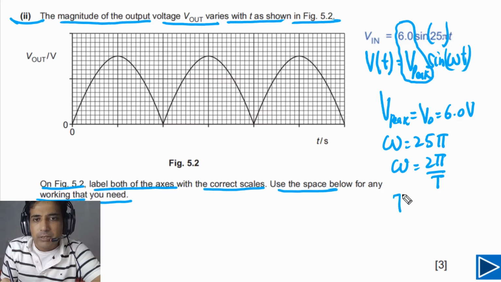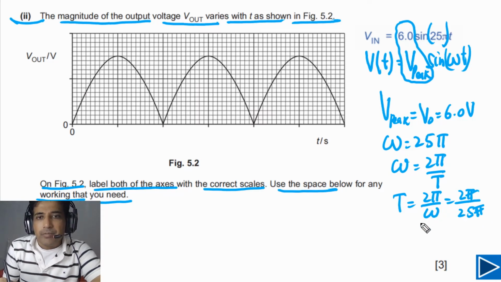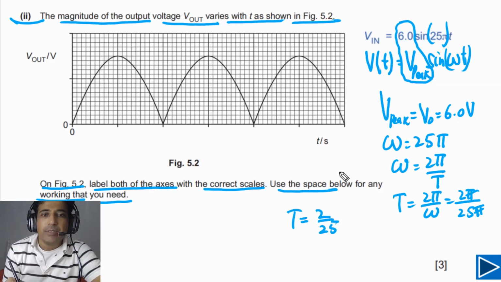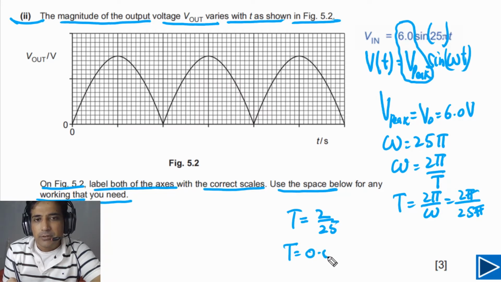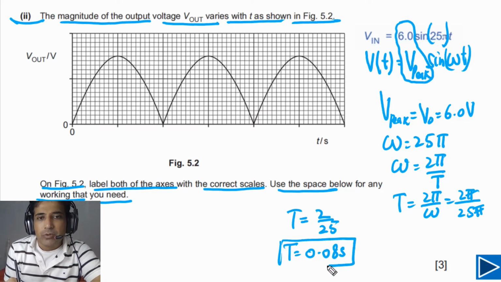From here, time period is equal to 2 pi over omega, and the value of omega is 25 pi. Pi cancels with pi, and we are left with T is equal to 2 divided by 25. If we solve this, the value of time period is equal to 0.08 seconds.